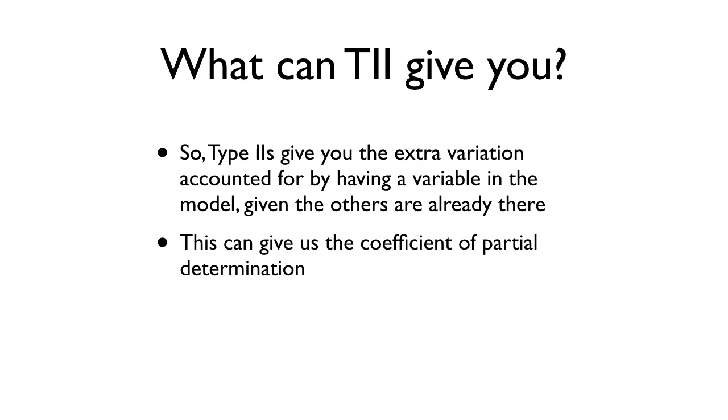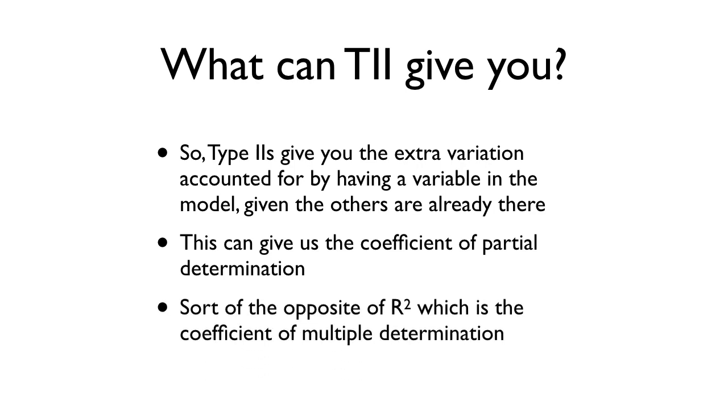This can give you something called the coefficient of partial determination, which is kind of like R squared, but kind of the opposite, because R squared is the whole model. This is just this one thing on its own. How much does it explain? That's basically what it gives you. And of course, this coefficient can range between 0 and 1.